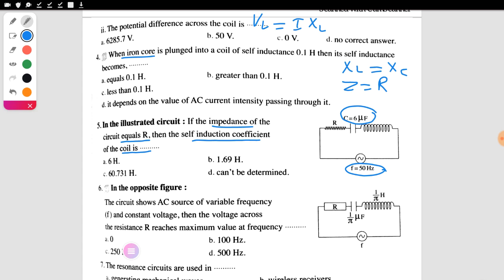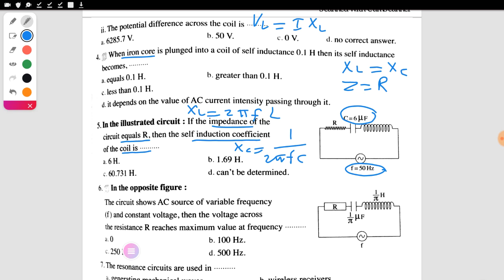XC equals 1 over 2 pi F C, with frequency 50 and capacity 6 times 10 power negative 6. From this we calculate XC, which equals XL. XL equals 2 pi F L, so we put XC instead of XL and find the value of L.